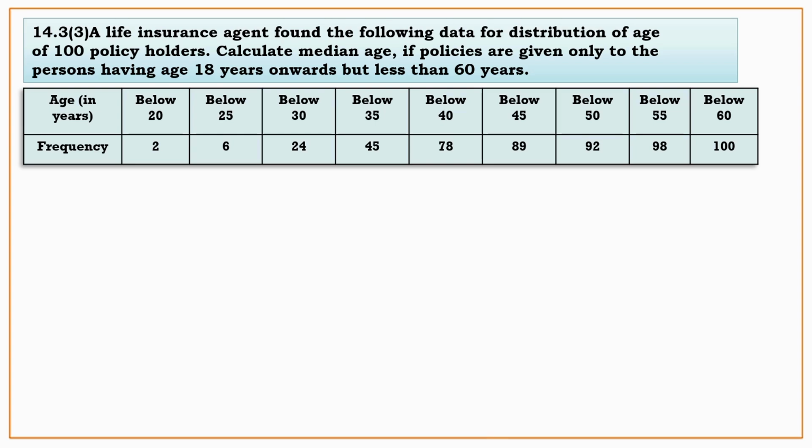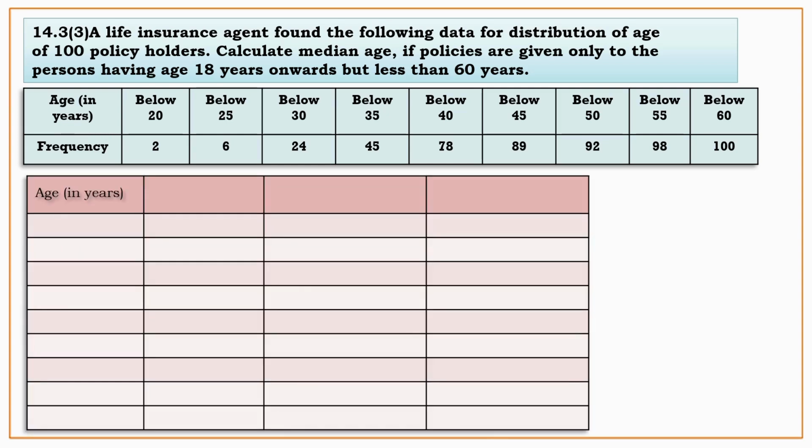Okay. So whenever we have a below type question or above type of question, then first let us understand how we are going to solve, going to convert it to a corresponding class interval. Okay. So here the age is given in the below word, right? So below 20, below 25. So in this way. So now what will be the class interval?